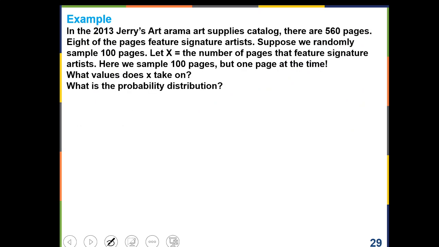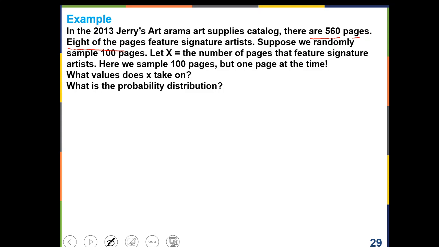All right, what's the probability distribution here? It says in 2013, Jerry's Artarama art supplies catalog has 560 pages. Out of those, 8 of them are pages that feature signature artists.